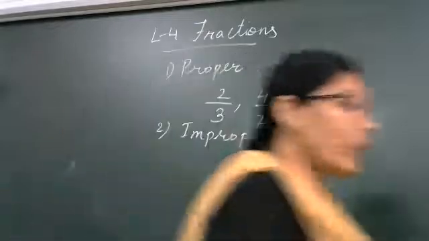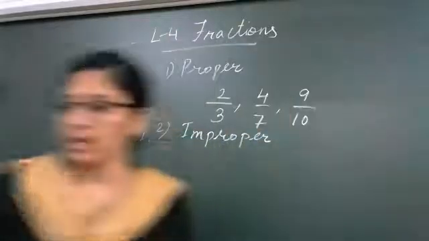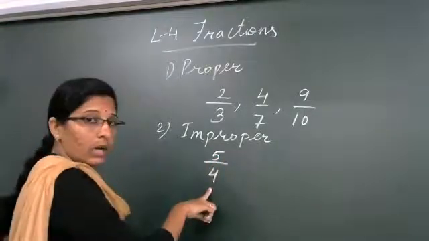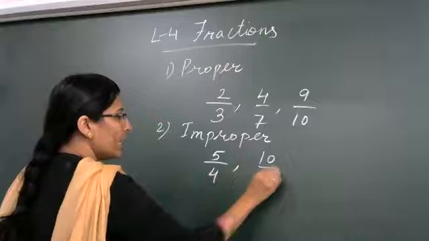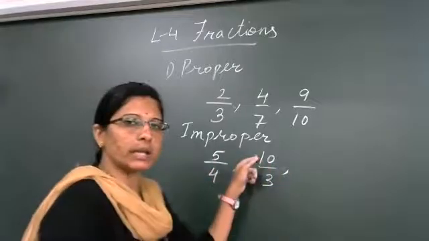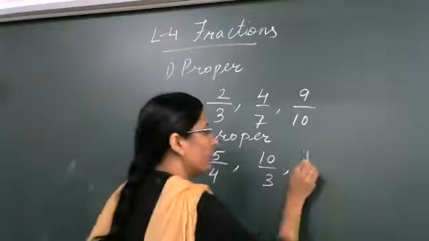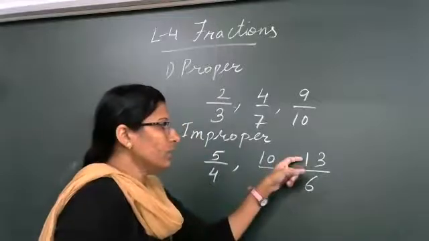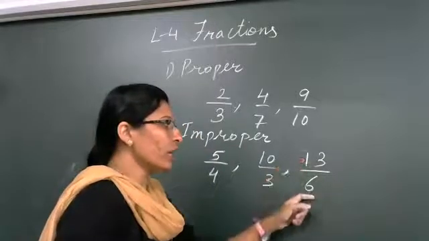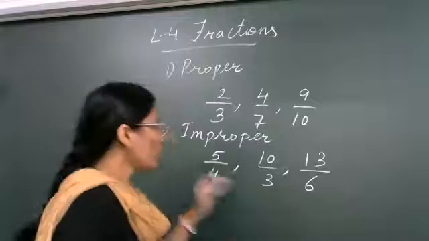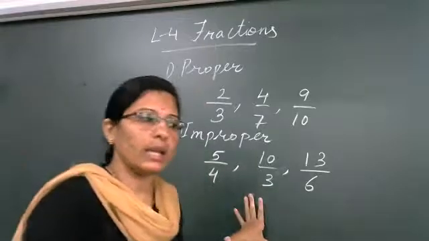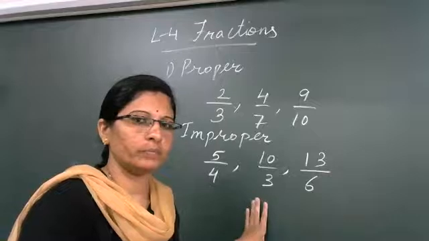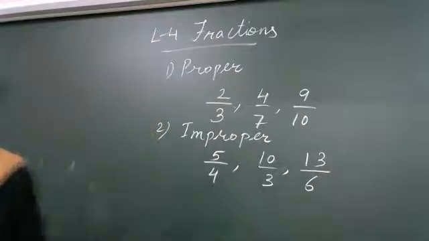The denominator will be smaller, like 5 by 4, your numerator is greater than the denominator. 10 by 3, numerator is greater than denominator. 13 by 6, 13 is the numerator, greater than the denominator. So such numbers are known as improper fractions. Got it? Yes, so these are improper.